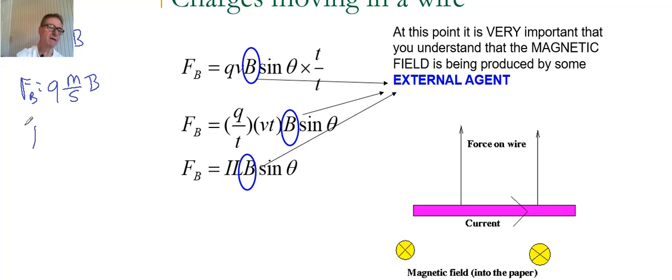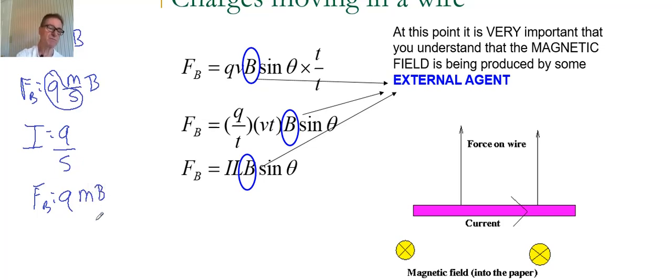Current, I, is equal to charge, q, per second. That's just I. Well, what do we have over here? We have q per second. If instead of having this s under the m, what if I put it under the q instead? That's perfectly valid, so that now I'm left with FB equals q times meters times the magnetic field.